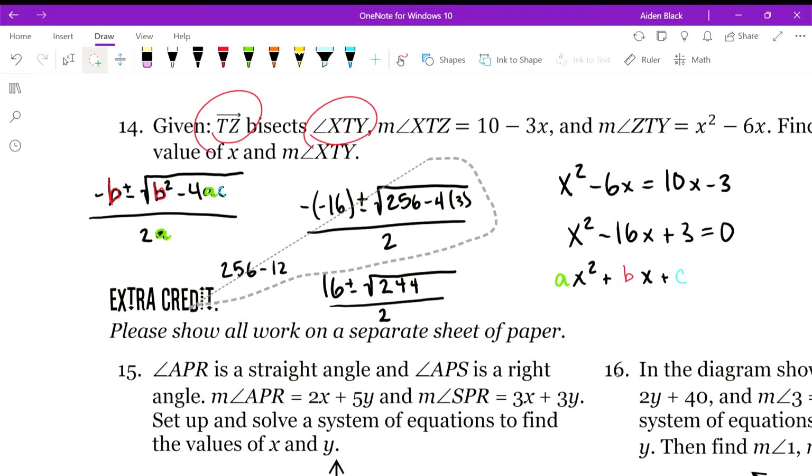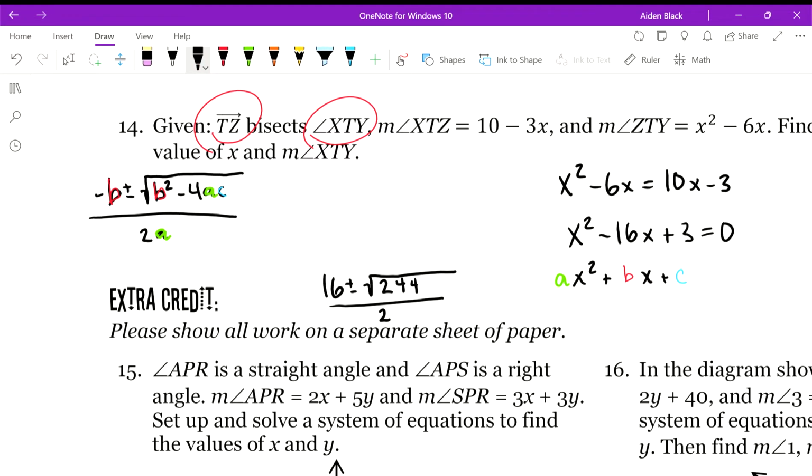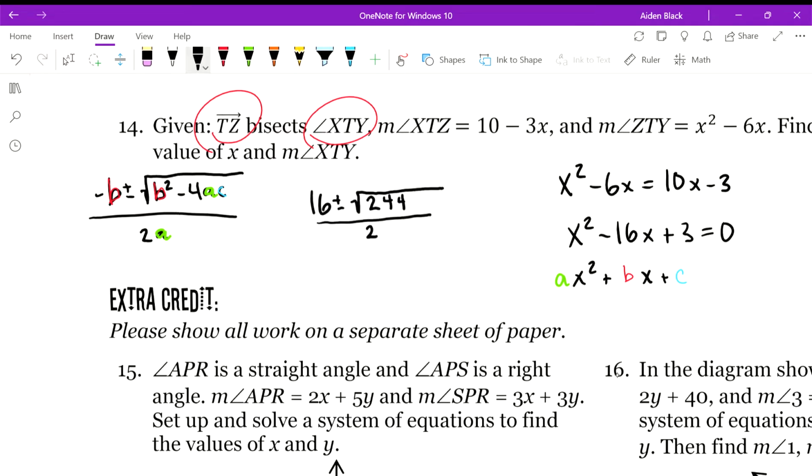So I'll erase this. Hopefully that work is correct, so I don't have to go back. So now we have 16 plus the square root of 244 all over 2, and we have 16 minus the square root of 244 all over 2.